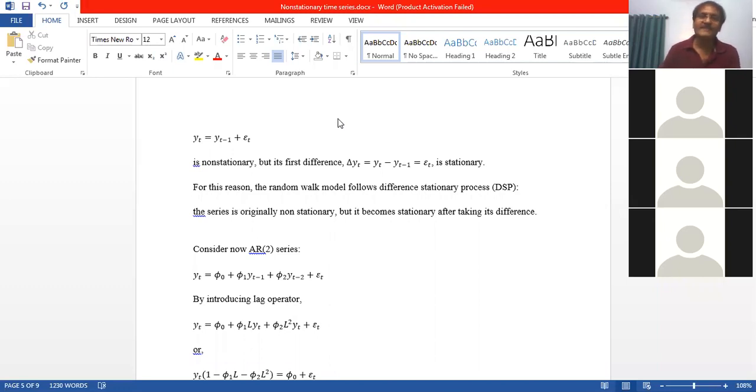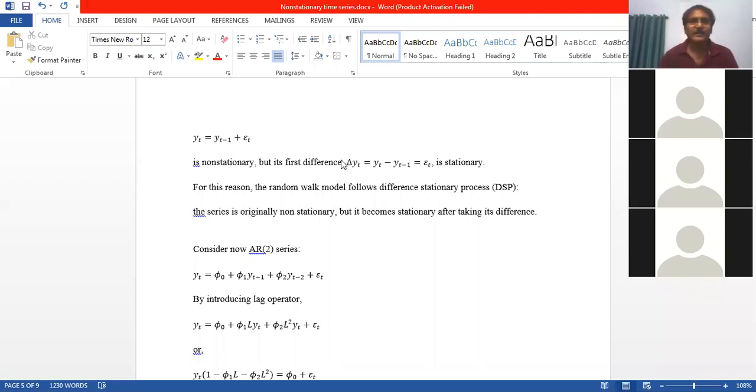If phi 1 is equal to 1, you can show easily yt will be non-stationary with stochastic trend. Phi 1 is equal to 1 means the series contains unit root. So if the series contains unit root, it exhibits stochastic trend.